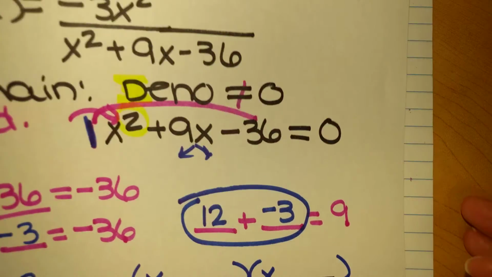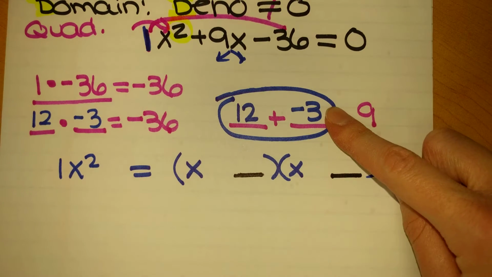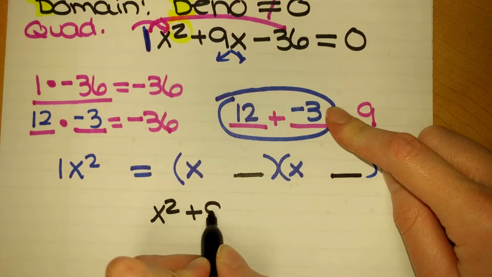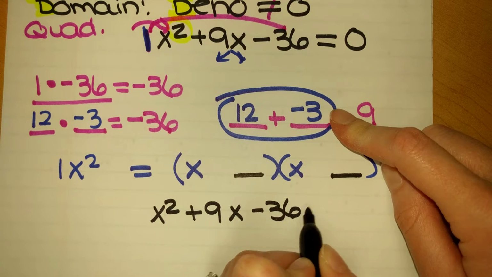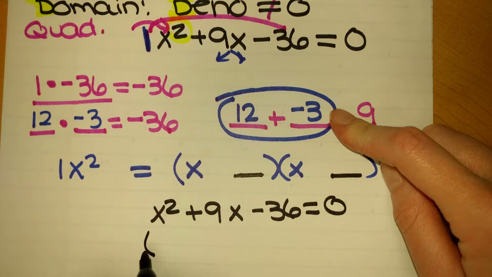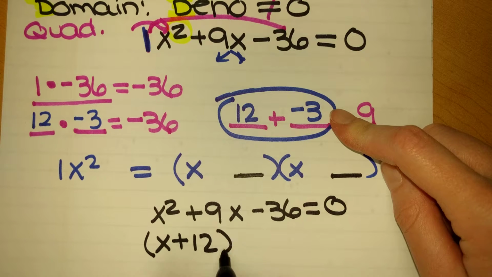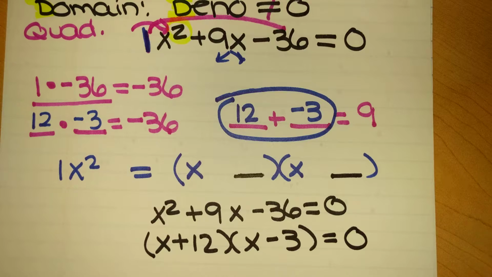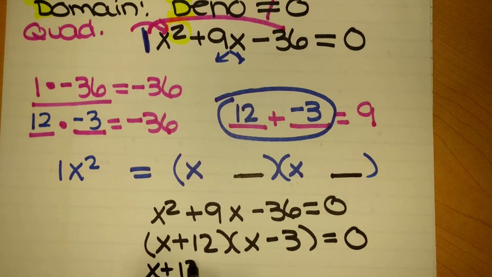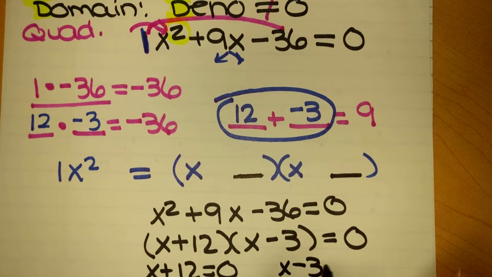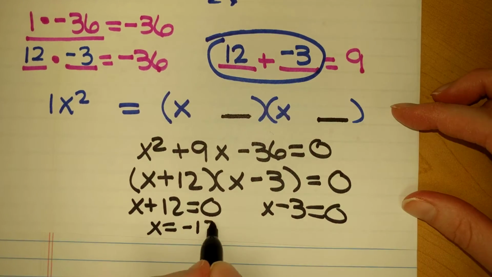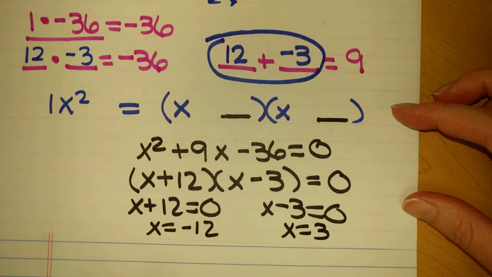So x squared plus 9x minus 36 equal to 0 factors to x plus 12 and x minus 3 equal to 0. Now we can set each of those factors equal to 0. We get x plus 12 equal to 0 and x minus 3 equal to 0. That gives us x equal to negative 12 and x equal to positive 3.